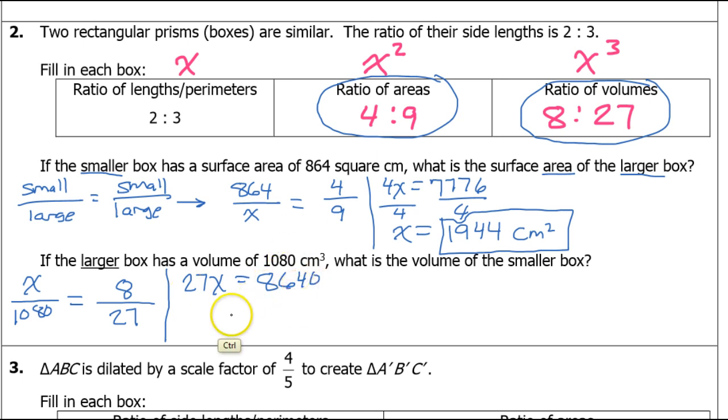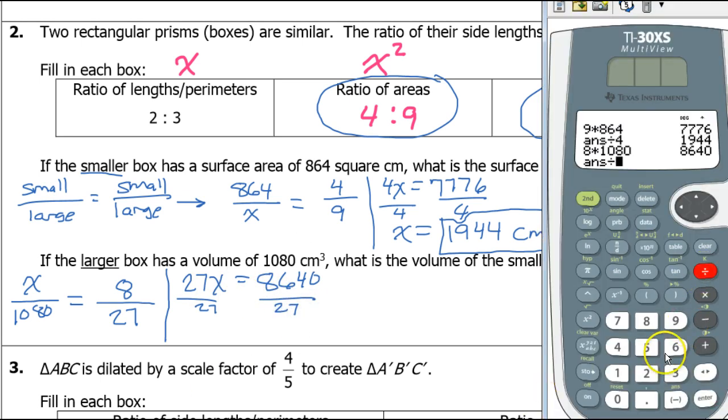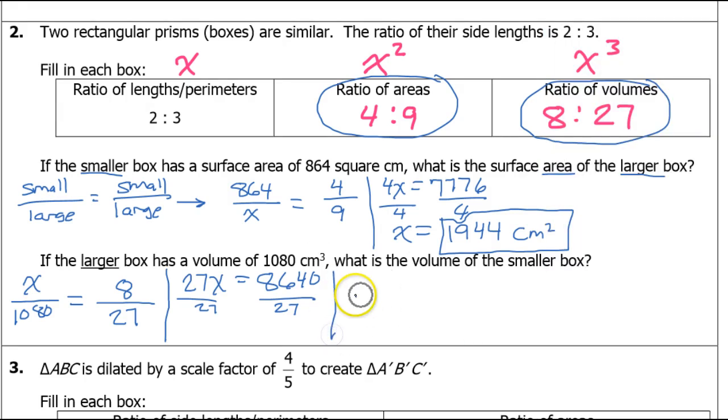Okay, then I need to divide both sides by 27. That gives 320. All right, 320 cubic centimeters.